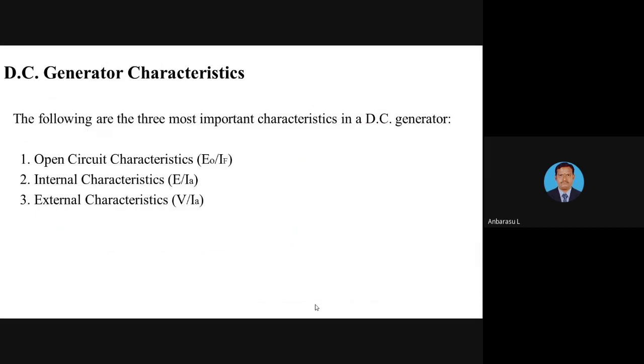So next, DC generator characteristics. There are three types of characteristics: open circuit, internal, and external characteristics. The open circuit characteristics is the curve drawn between no load induced EMF and field current. The x-axis is taken as the field current and the y-axis as the no load induced EMF, and we can draw the open circuit characteristics.